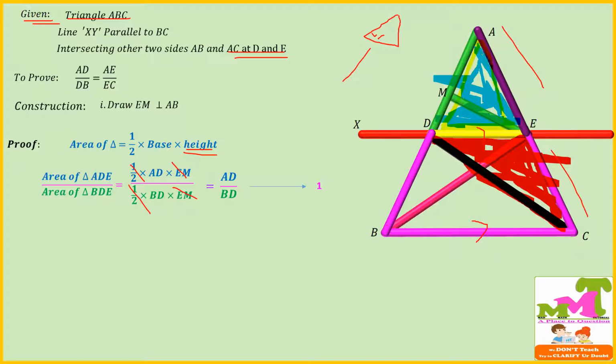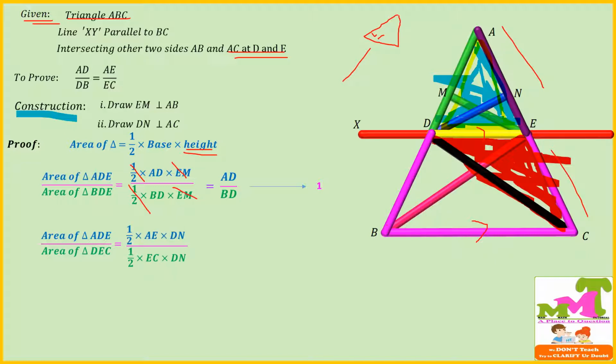In this case I need a height of the triangle, where I draw DN perpendicular to AC. We mention it in the construction: draw DN perpendicular to AC. Once we are done with it, I go ahead with the area of triangle ADE again, and the other triangle is DEC. For that, according to the formula, half into base into height.